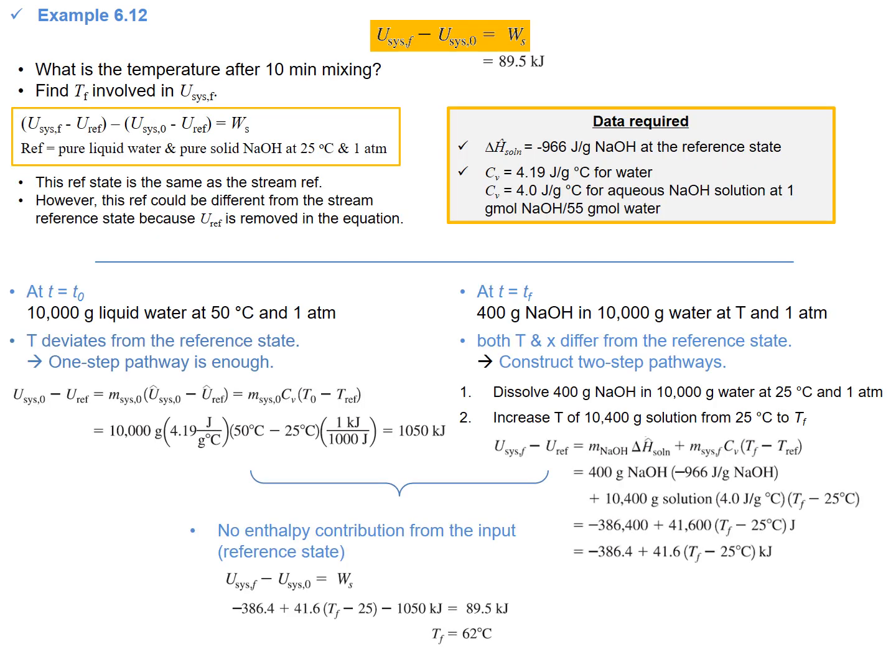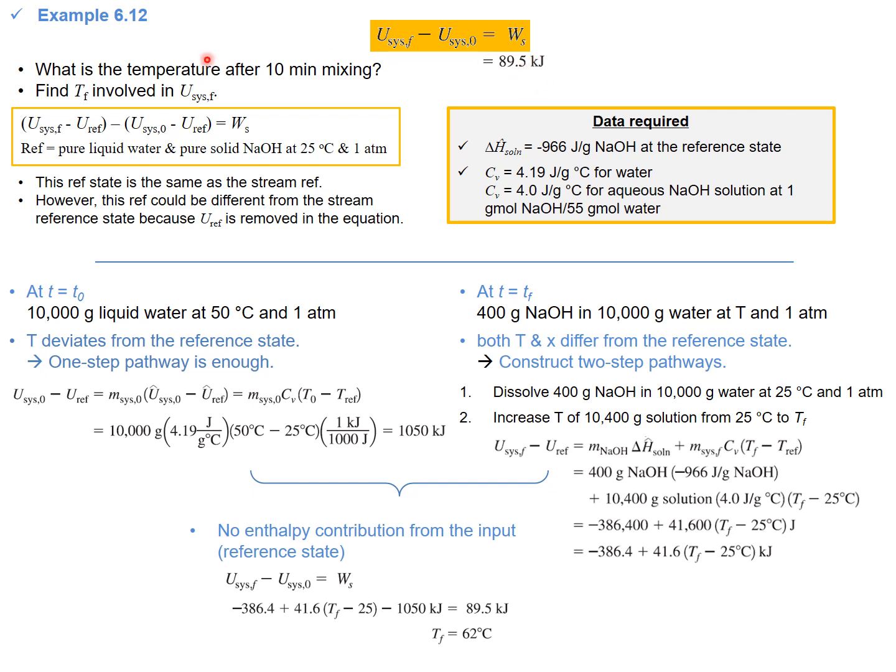From the previous slide, we have obtained this equation. Again, final state minus initial state for the internal energy of the system is equal to the shaft work. The value of shaft work was given to you, which is 90 kilojoules.